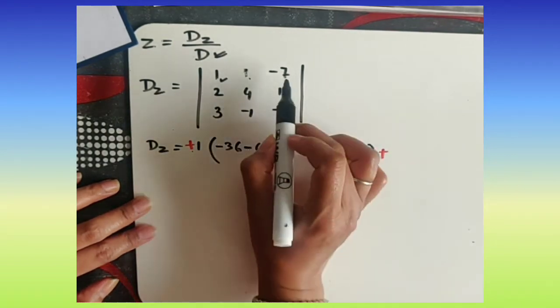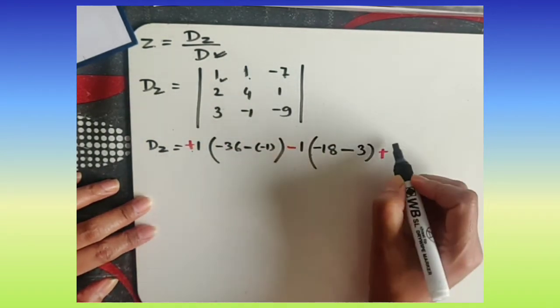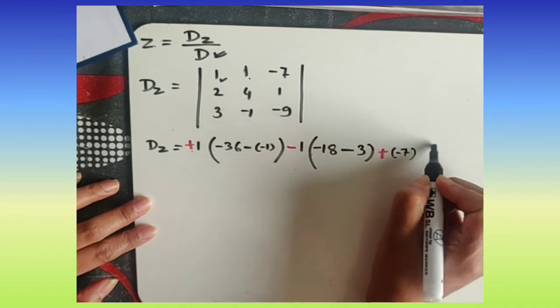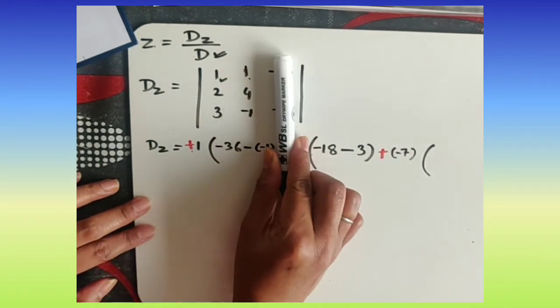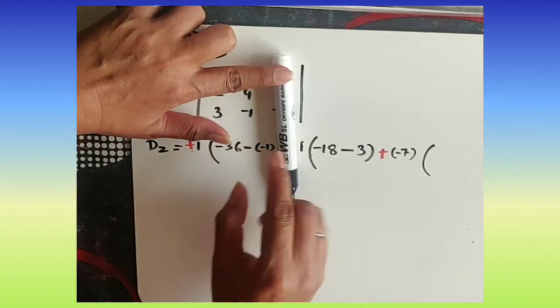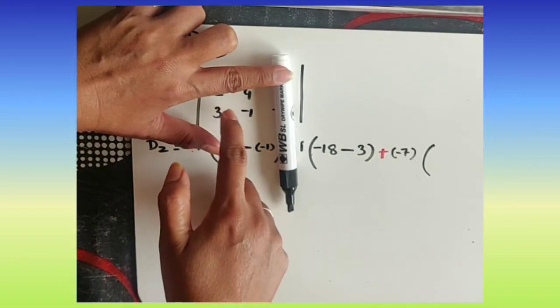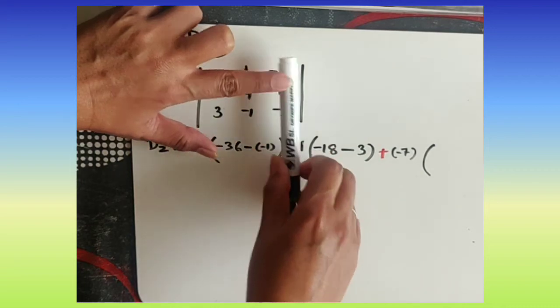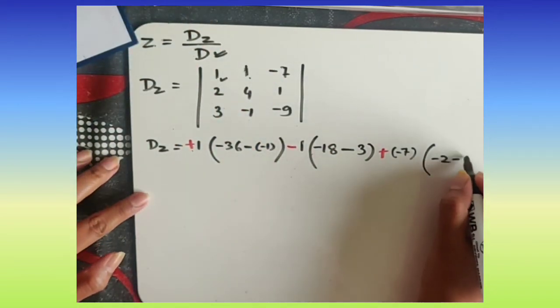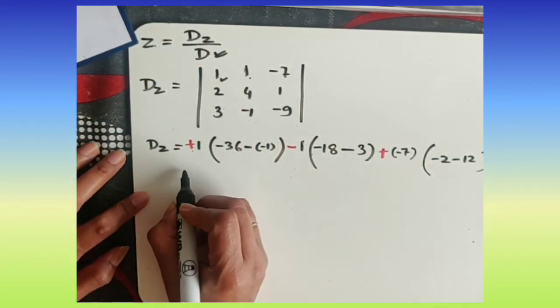So plus, and the third number we have minus 7. Here write down minus 7, and then cover the last column and first row. Then we need to do 2 multiplied by minus 1, minus 2, and then minus 4 multiplied by 3 is 12. So minus 2 minus 12 here.